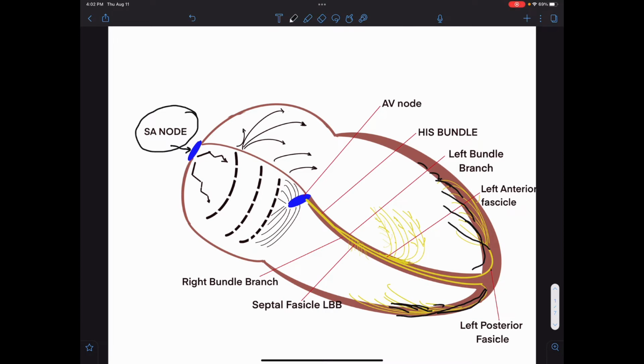Once the impulse starts from the SA node and reaches the AV node, after that there is a delay in the impulse transmission to the bundle of His. This is called AV delay, which is seen in the form of the PR interval.